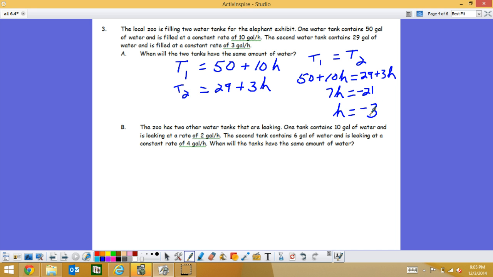Well, since this time is negative, they will never have the same amount of water in them in the future. What this means is that 3 hours ago, they had the same amount of water. That's what the negative time represents.